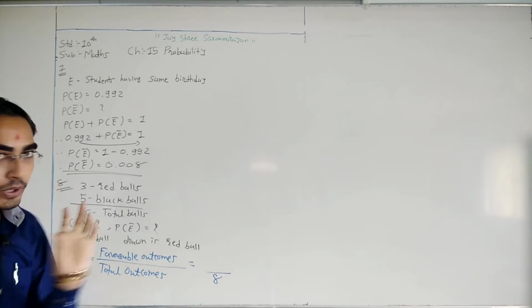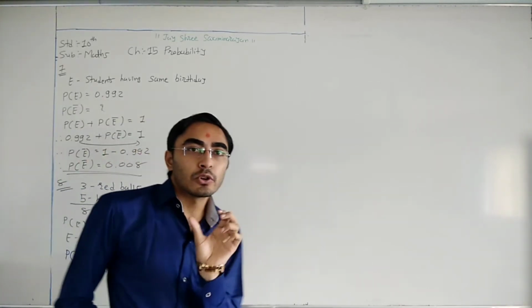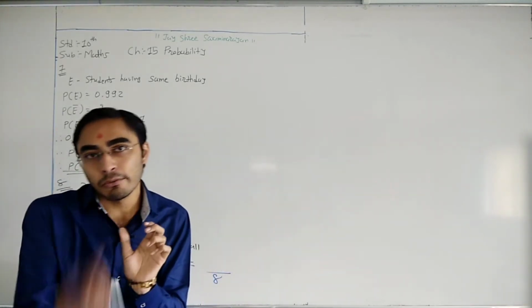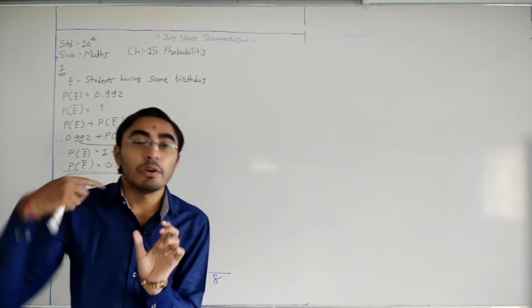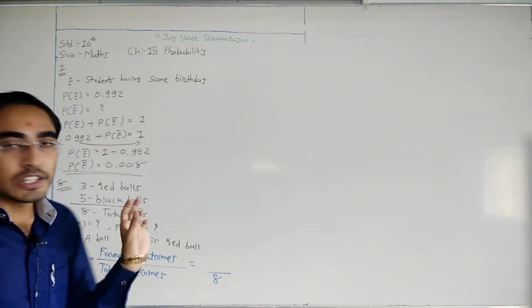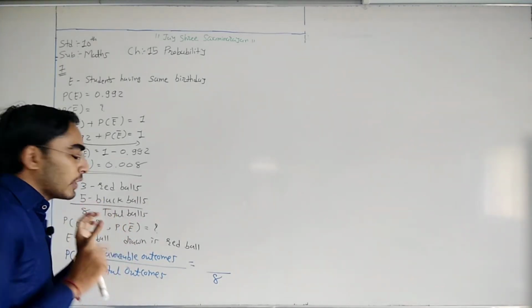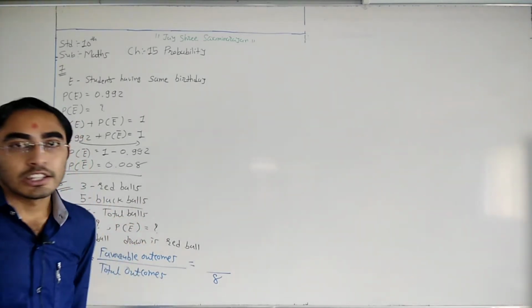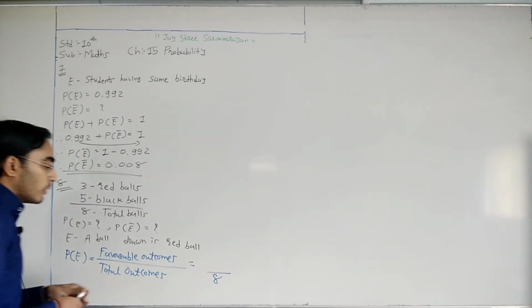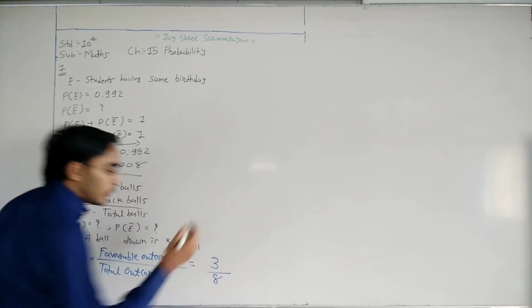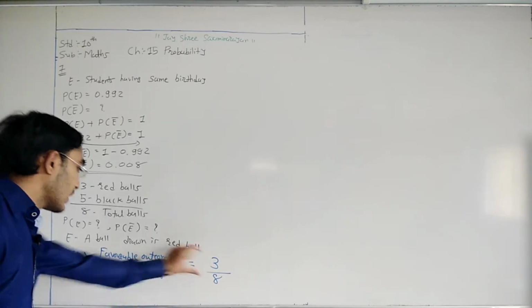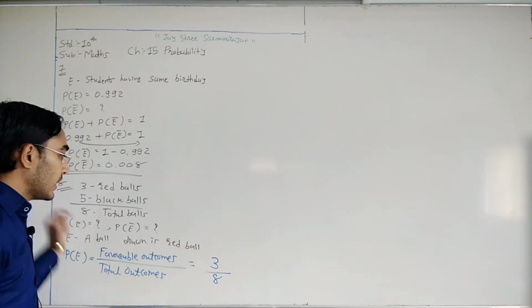Favorable outcomes, that means in favor with the event. So for favorable outcomes, we need to check number of red balls. Here we have 3 red balls, so our favorable outcomes is 3. So 3 by 8, it is our answer for the red ball.